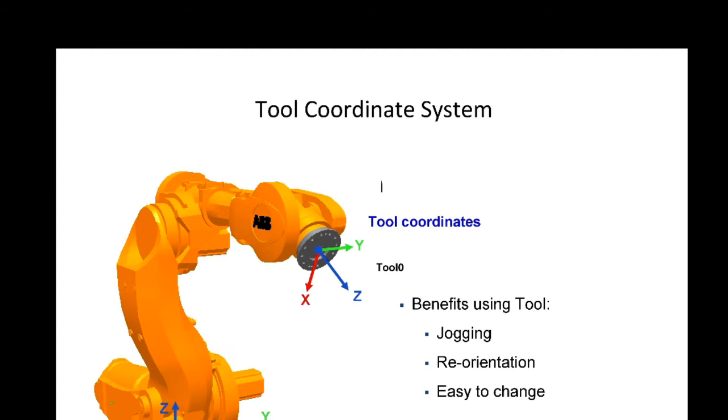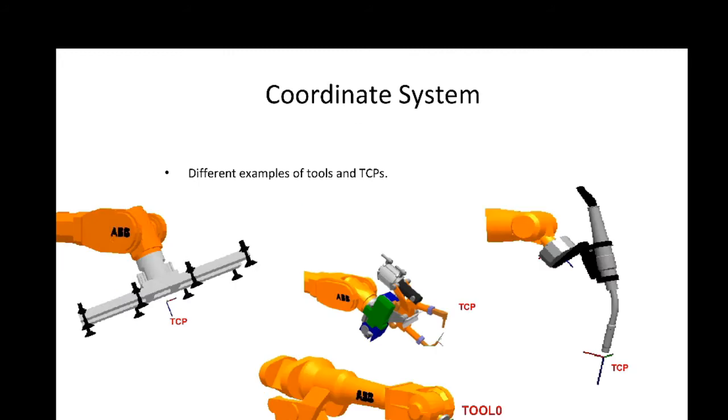The first picture shows a gripper gripping the products, the second one is spot welding, and the third picture is a MIG welding torch. Here you can clearly see the different types of application, and how the tools are fixed on the 6th axis.